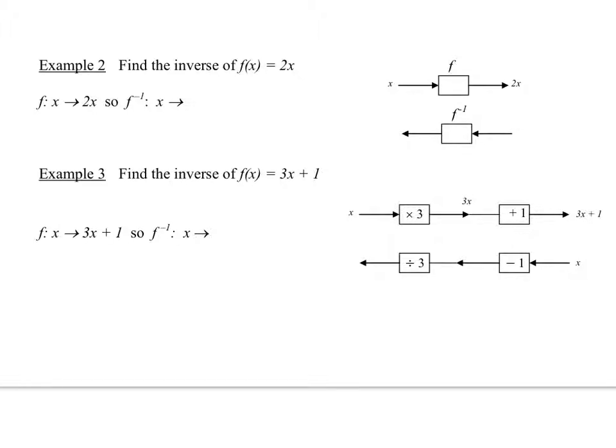If you were thinking of f as being a function machine, taking a value of x, applying some rule to it and making 2x, what's the reverse of that? The reverse of multiplying by 2 would be to divide by 2, to take half of x. So the inverse function would be a half of x.